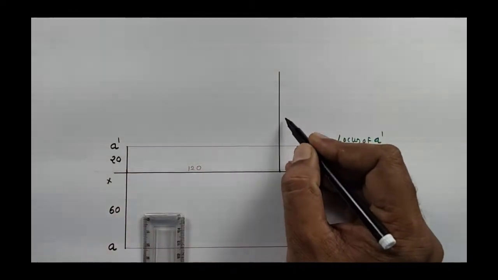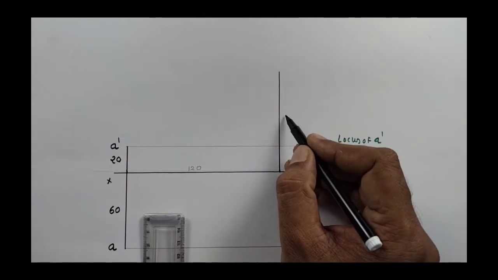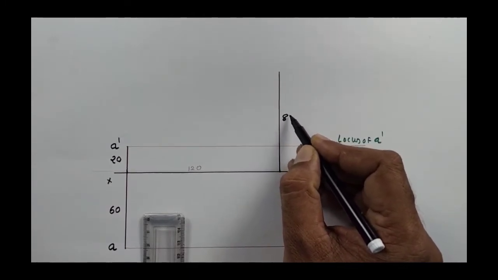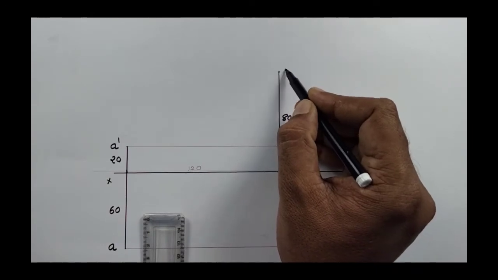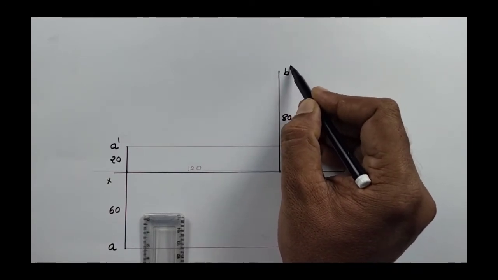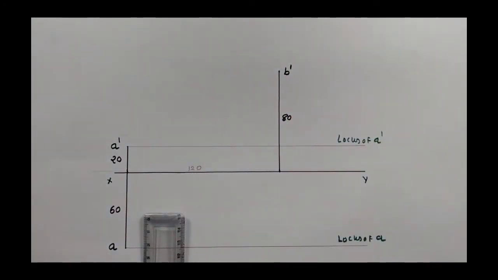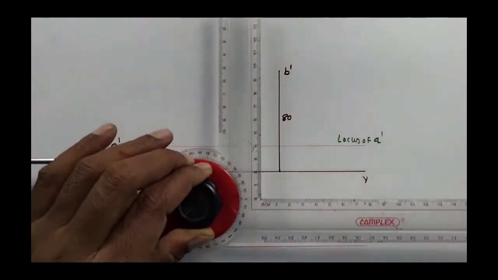It is our B dash point. And 100 mm behind VP.